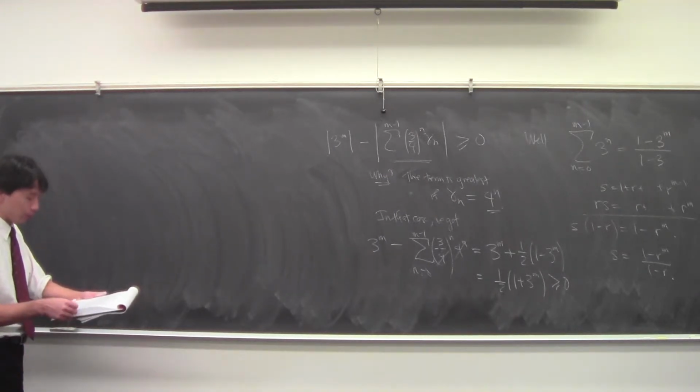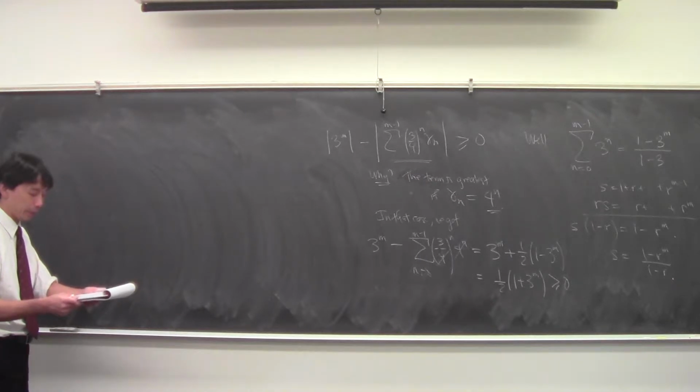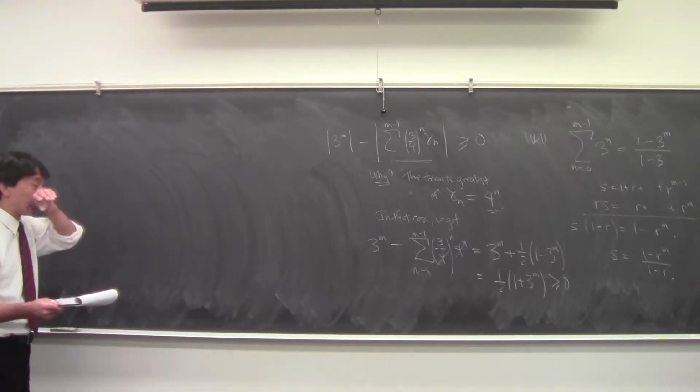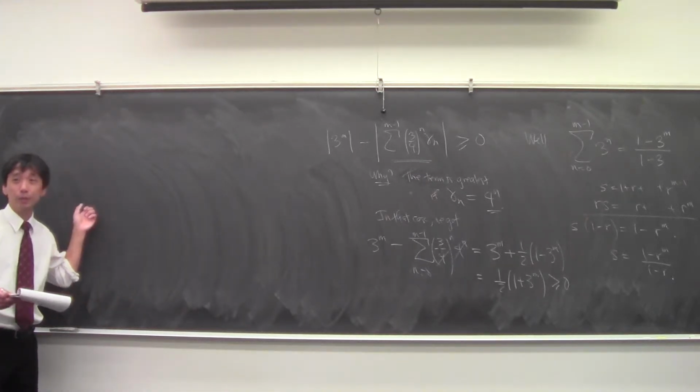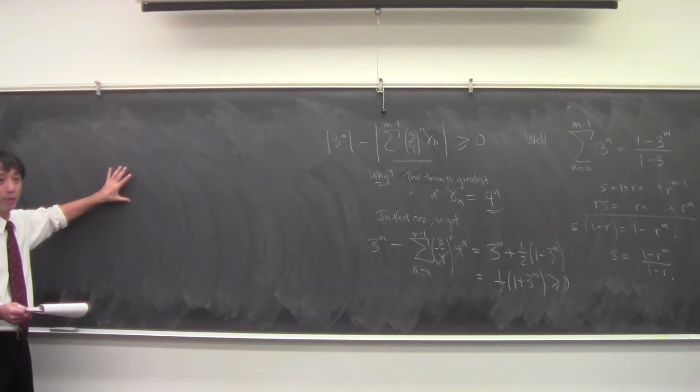So what we're hoping for in the next result is basically telling us when we can get a uniformly convergent subsequence. So you've got a sequence of functions, and you're wondering when does there exist a uniformly convergent subsequence?